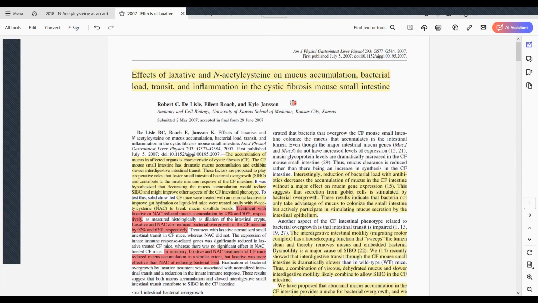So cystic fibrosis drives an accumulation of mucus that will clog the intestine or the lungs or wherever the disease is manifesting. And so they're studying a mouse model of cystic fibrosis in the small intestine, and they want to see what's better, for breaking up mucus and clearing bacteria and improving the migrating motor complex, laxative and or NAC.